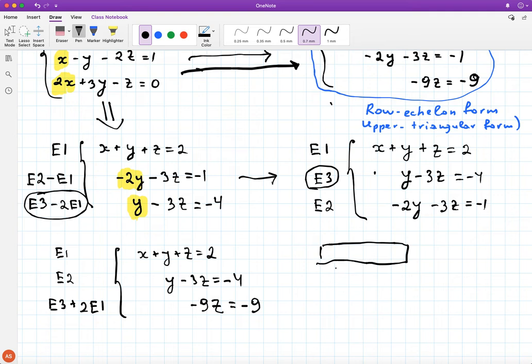If these boxes indicate the length of the equation, the non-zero terms in the equation, as we go down the system, our equations get shorter and shorter. And that is the graphic representation of the basic idea of the elimination method, row echelon form.